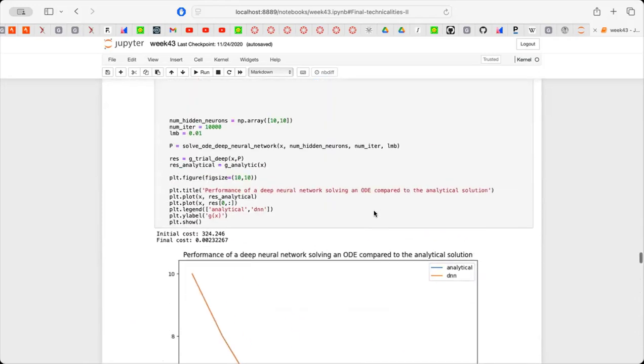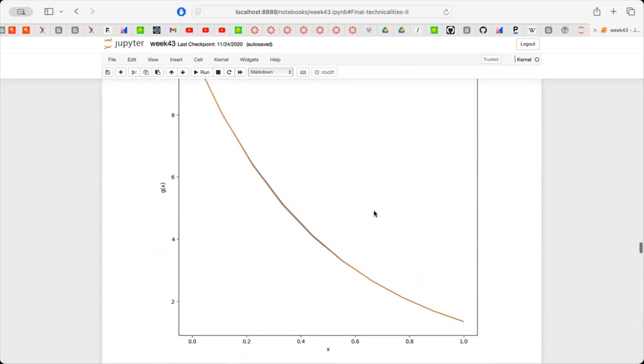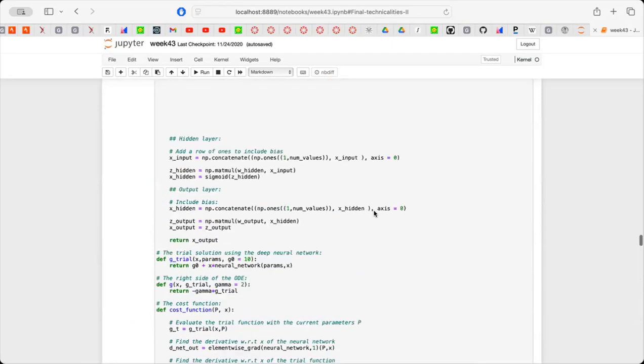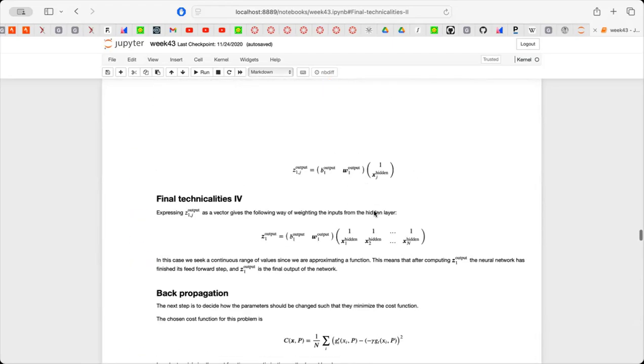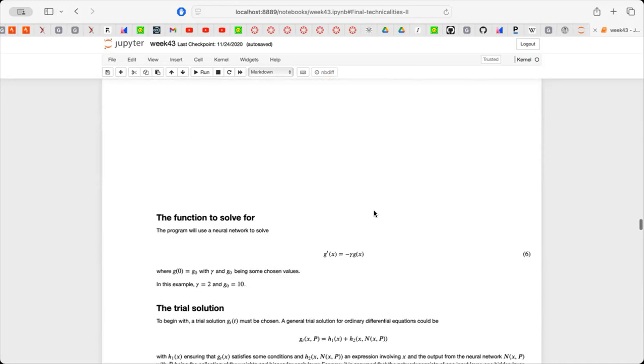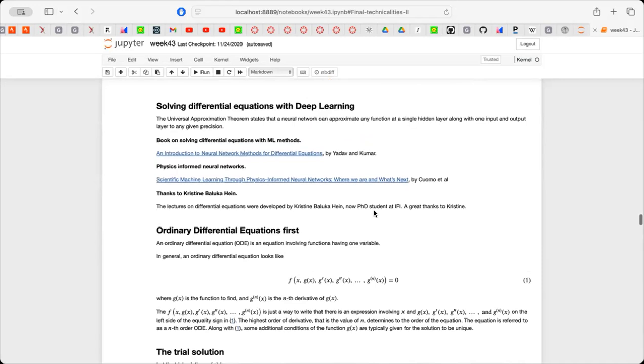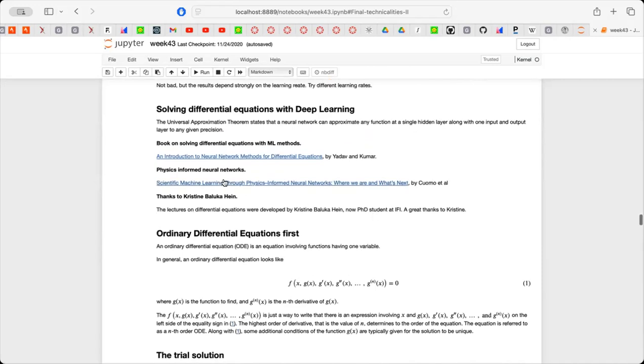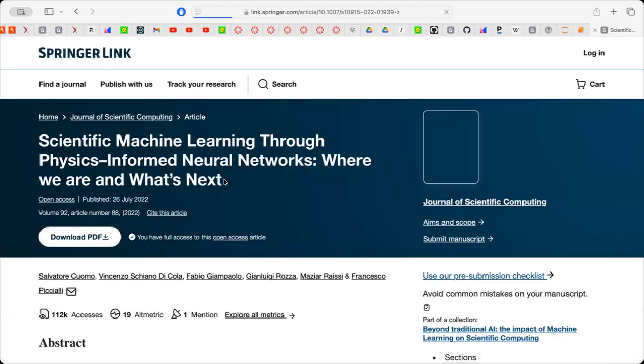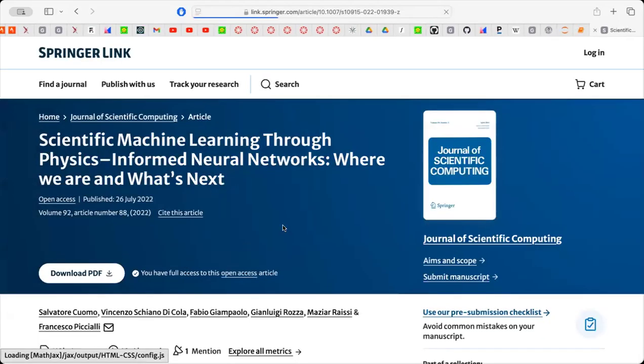And there's an article here after all these calculations. So let's just bring it up. I invite you to take a look at this article here. And if you're on an IP number of the university, you can actually download this scientific article.